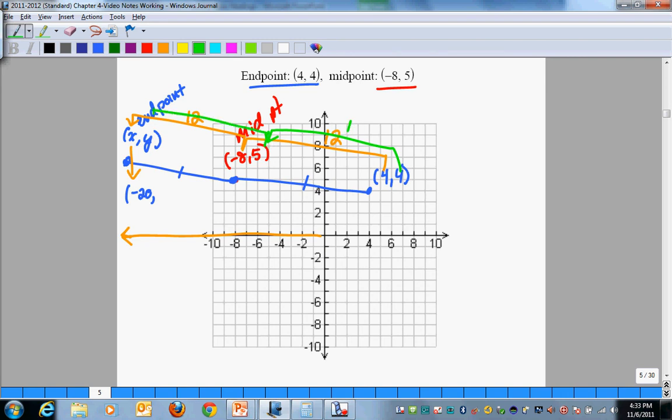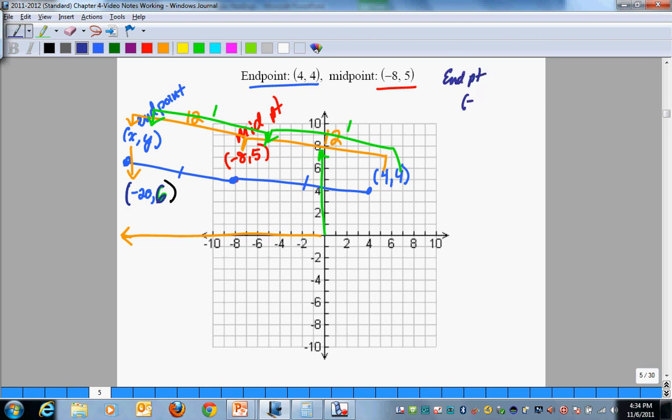And we want to find what that midpoint would be. That's 1 unit as well. Notice we're going up the number line, or positive, which means we're going upward on the y-axis. So we have 5 plus 1, and our coordinate is 6. So our other endpoint is going to be -20, +6.